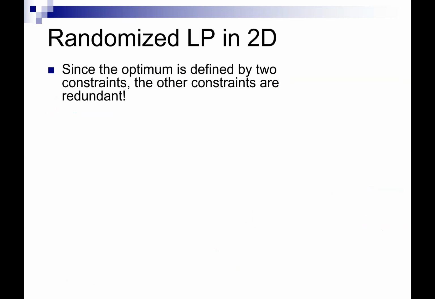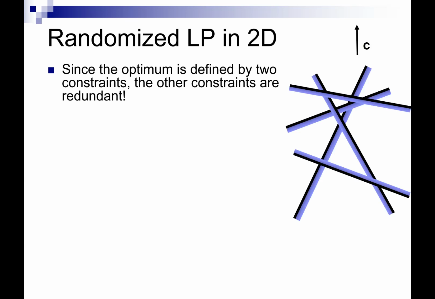So that's one of the main observations here: because the optimum is defined by 2 constraints, we can remove the other constraints. They're redundant. If we look at this figure, remember that in 2D, these constraints are given by half planes.